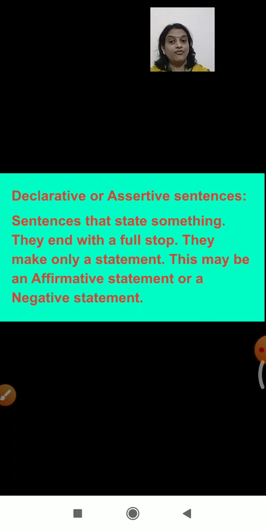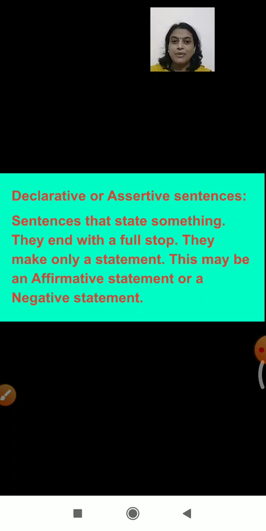This may be an affirmative sentence. That is the yes statement we can say. Or a negative statement. That means the no statement. Okay. Now if you remember, we have done something called question tags topic. Do you remember? There we had this negative sentence. What is negative statement here now? What do you think? The statement or the sentence where no words are used.